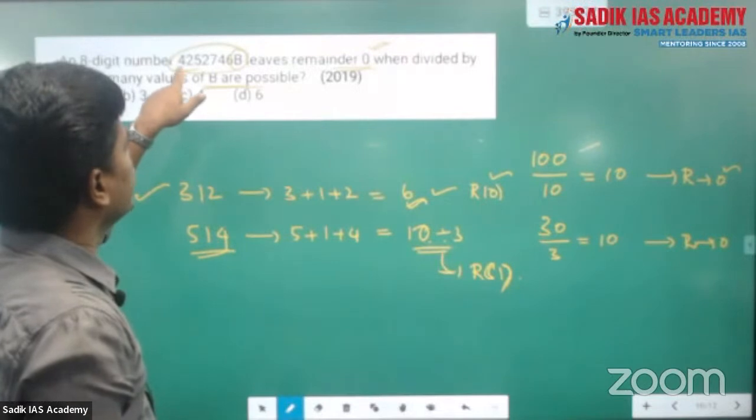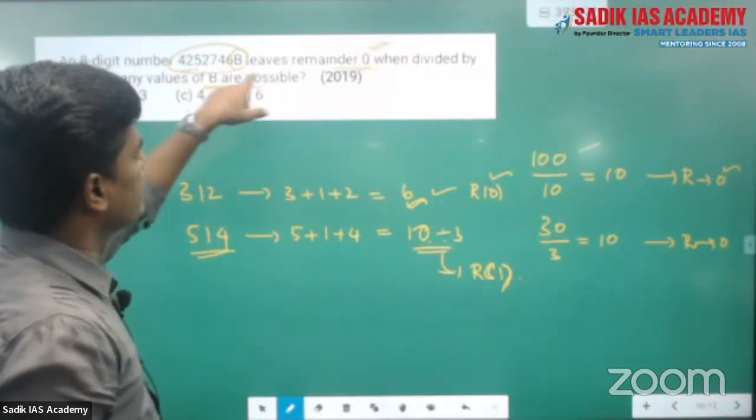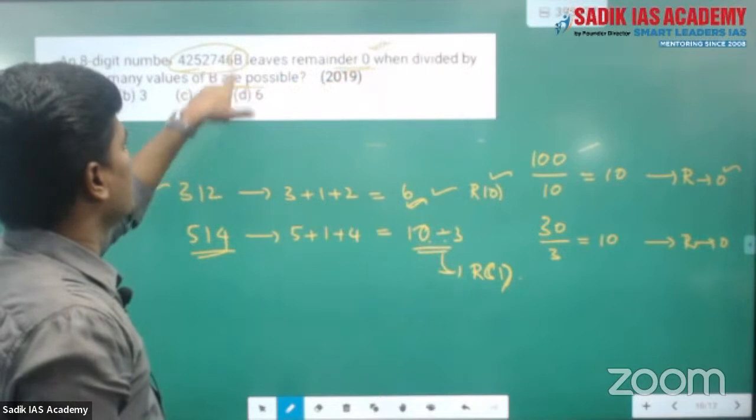So they have given that this number is divisible by 3. That is the meaning here, remainder 0. So what are the possible ways?